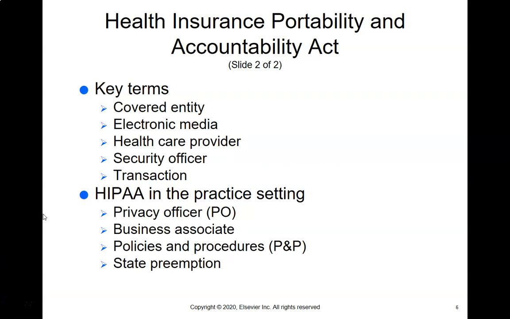Key terms. A covered entity applies to any healthcare provider, healthcare organization, health plan, or clearinghouse that transmits health information in electronic form for any number of transactions. Electronic media refers to the mode of the electronic transmission.